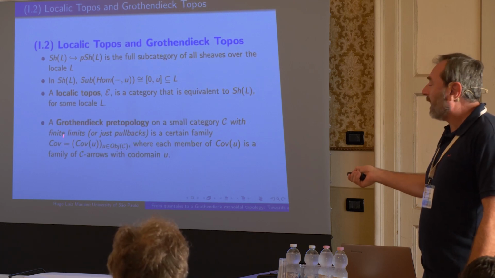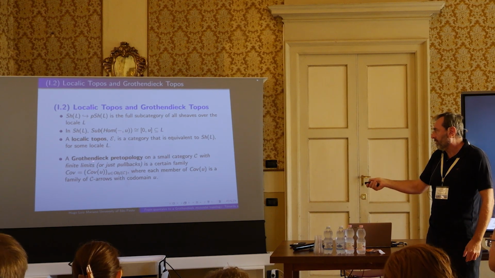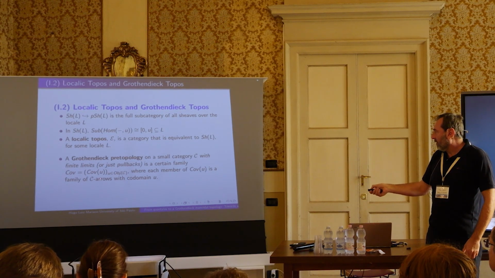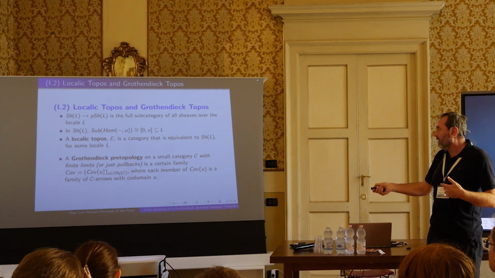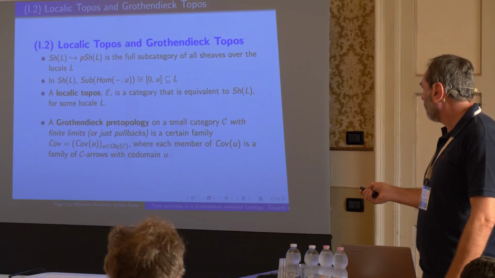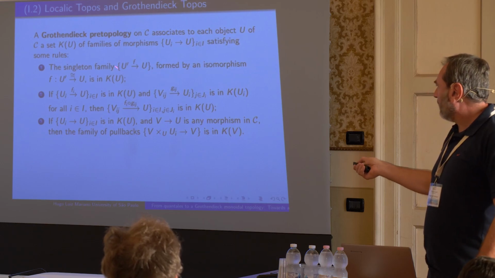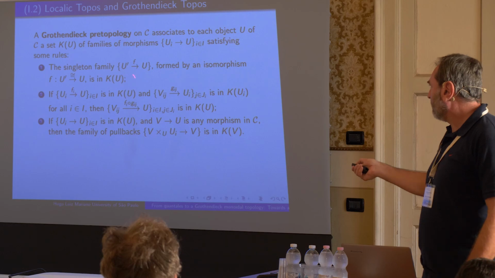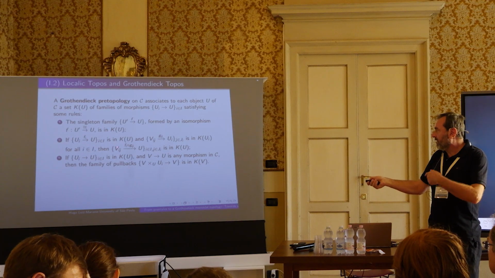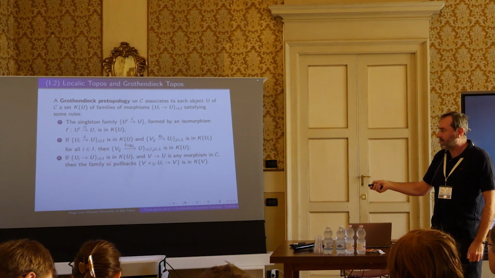and a Grothendieck pre-topology on a small category with pullbacks or finite limits is a family where each member of the family is a family of arrows with a specified codomain, satisfying these properties. A singleton given by an isomorphism is a covering. The transitivity axiom: a covering composed with coverings is a covering, and stability under pullbacks.